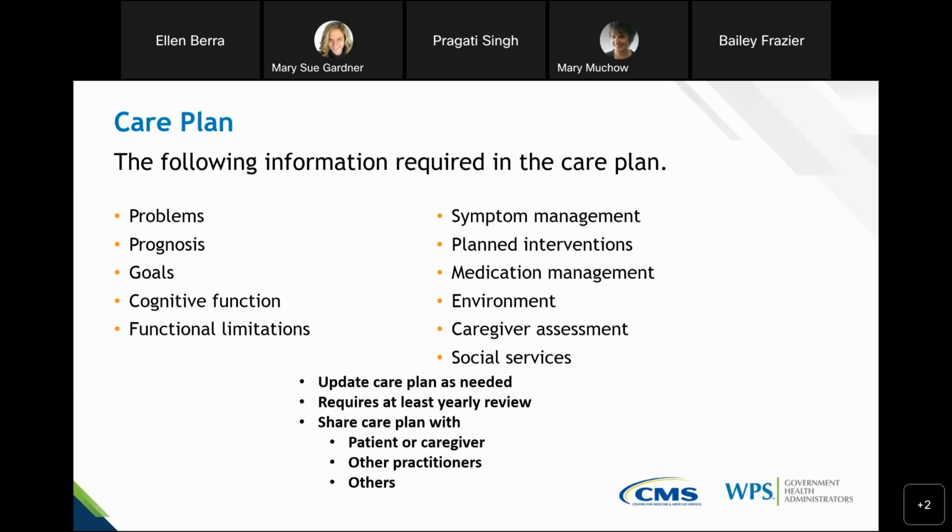You also need to identify the goals that you have for the patient, and these need to be measurable goals. So what we're talking about here could be you want the patient to be able to walk from one end of their house to the other without totally losing their breath. So that's the goal that you have for them. You want their A1C to be under 6. That's the goal that you have.